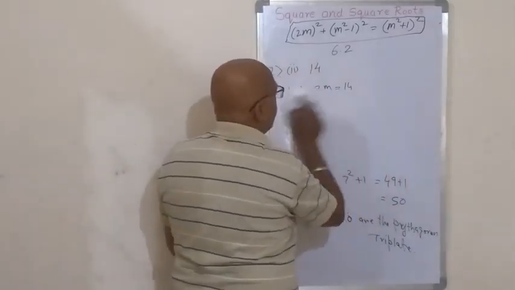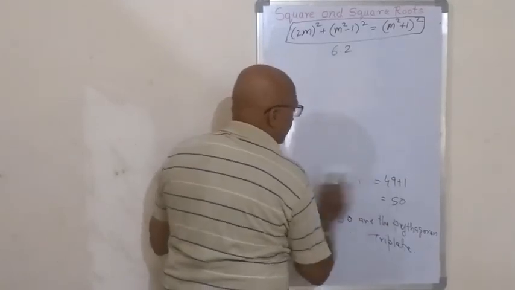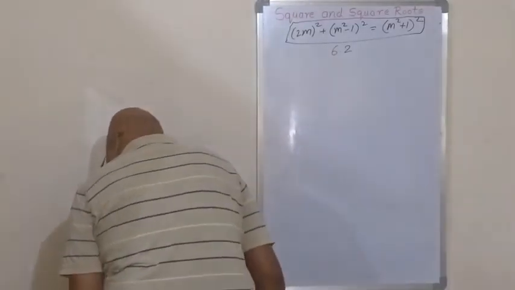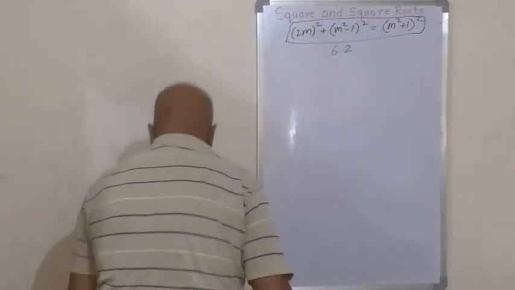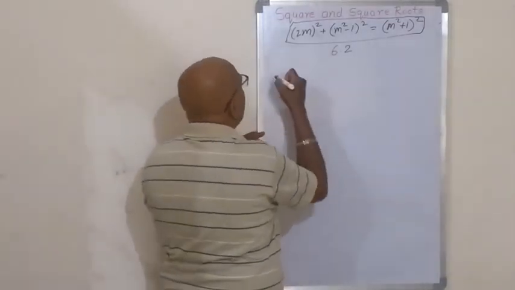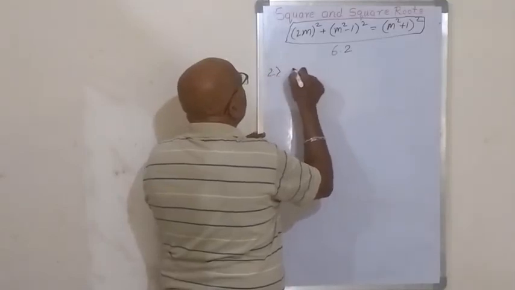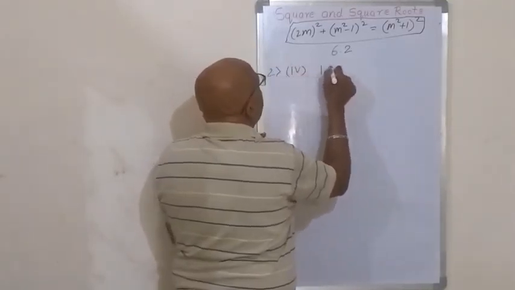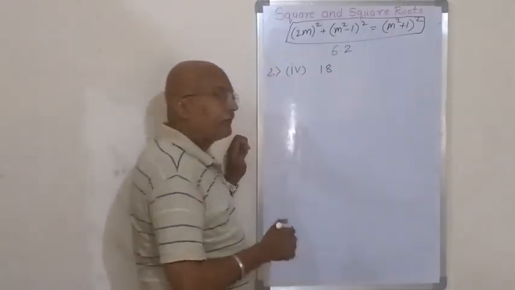The next example of this is the fourth one. That fourth one is 18. 18 is the given number.